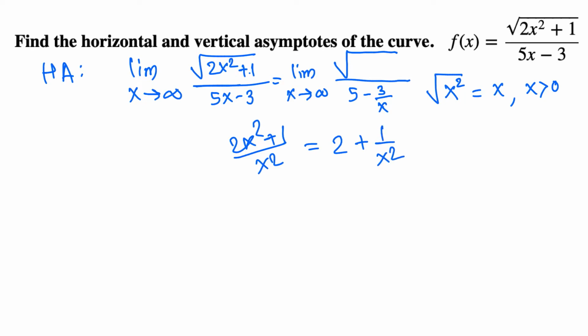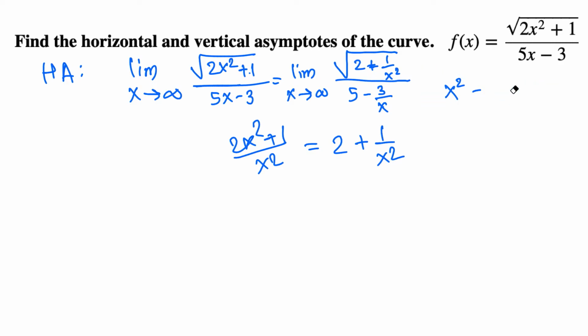That's inside the radical sign. So pretty much we divided top and bottom by x, but x is the same as square root of x squared.